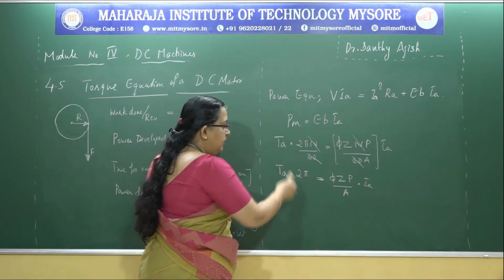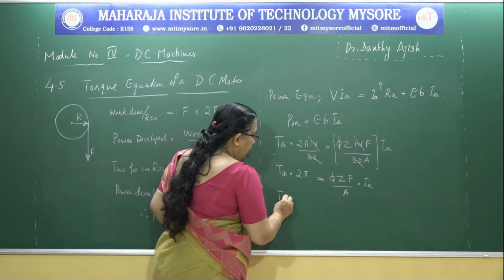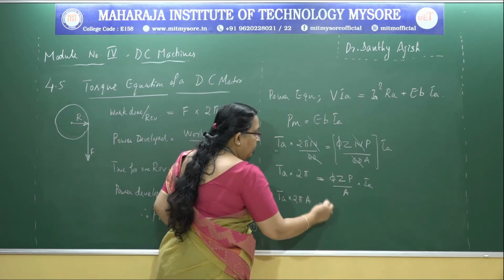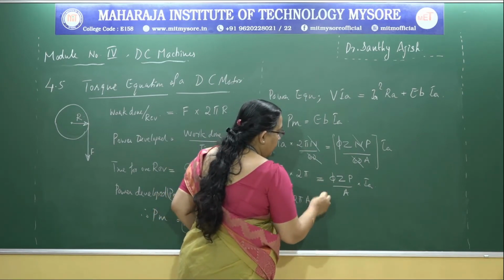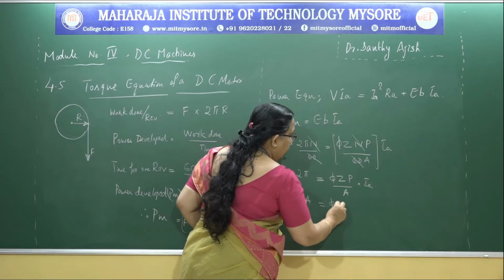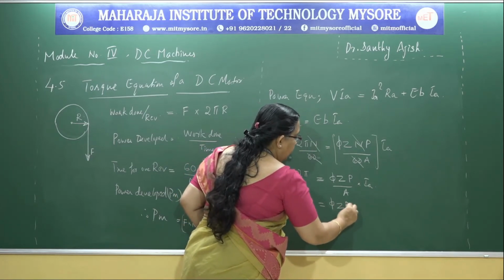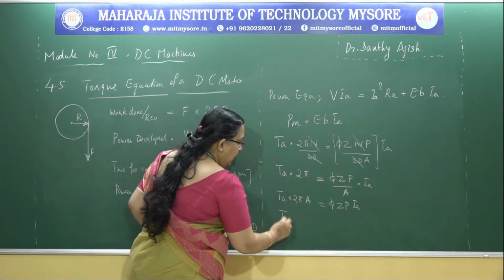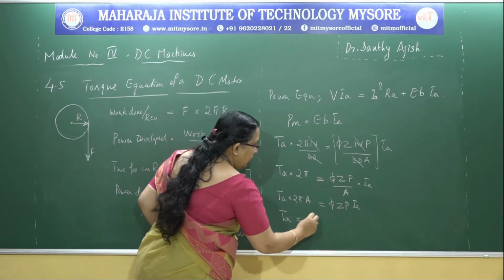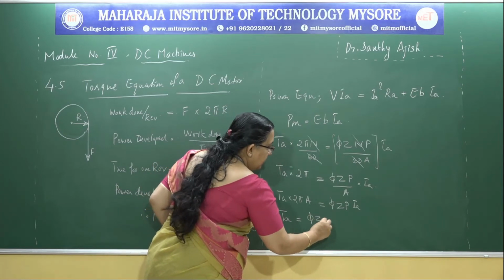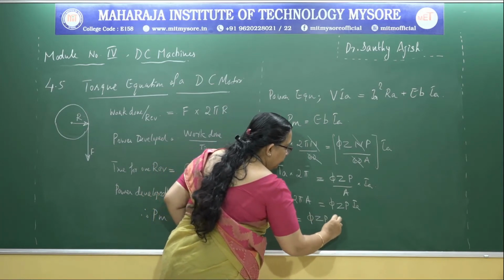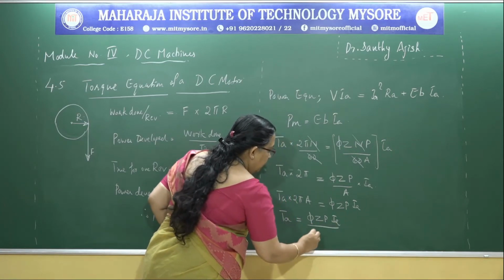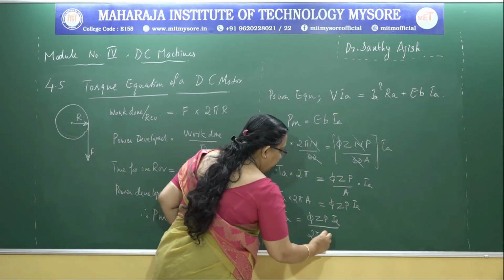So if I cross multiply, it will become TA into 2 pi A equals phi Z P Ia. So I can get TA as TA equals phi Z P into Ia divided by 2 pi A.